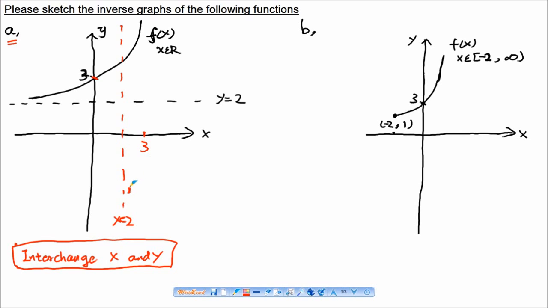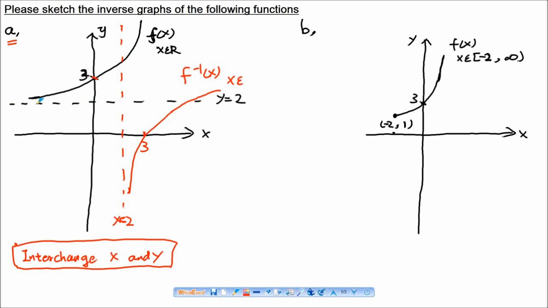So I should have something like that. And this is my inverse function, and the domain of my inverse function is the range of the original graph.